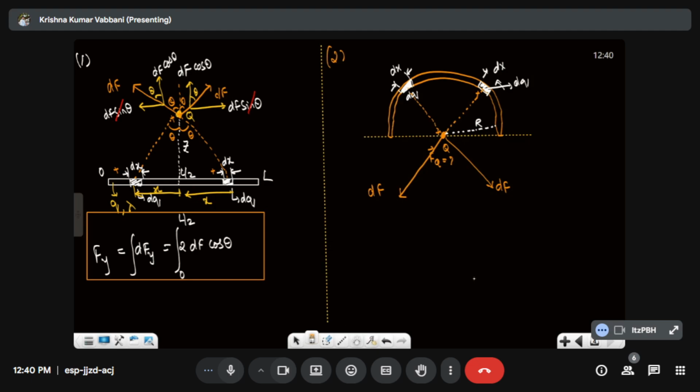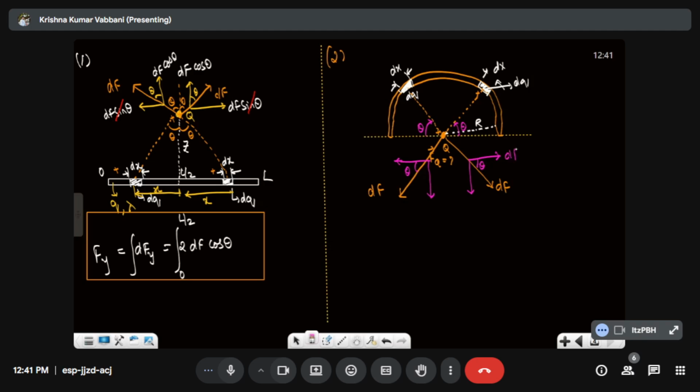Now what we have to do is split the components, right? We split the components and see, this is theta and this is also theta. I'm resolving the components, guys. So what is this going to be?